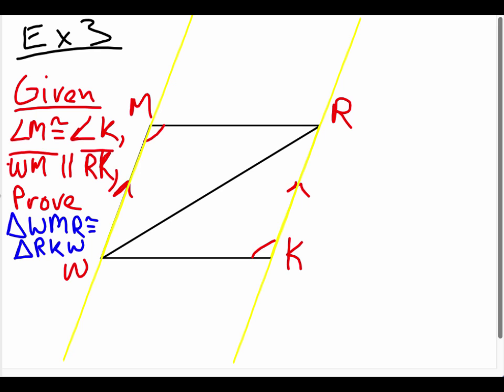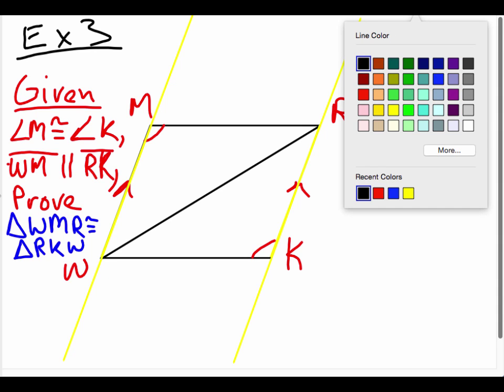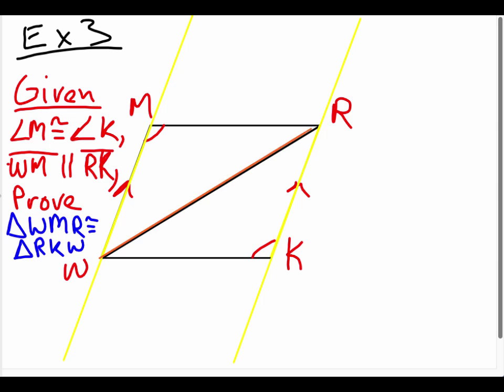And then, here's an interesting thing. This line is kind of like what? Well, it does intersect the two parallel lines, but this is a transversal, right?